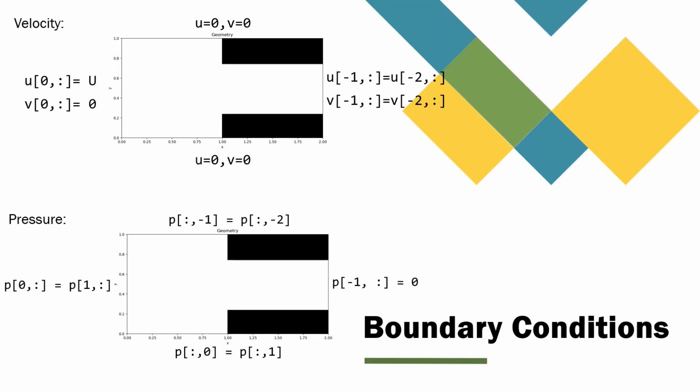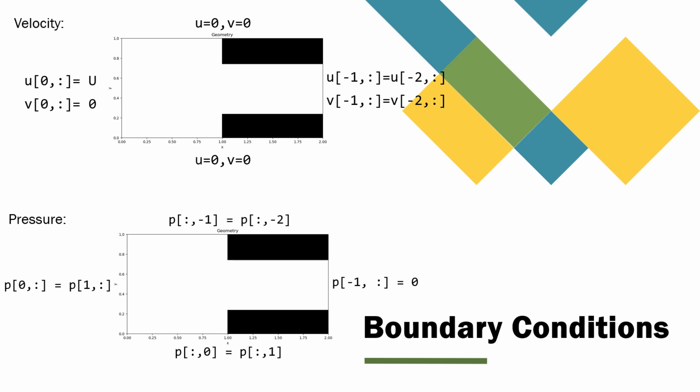Okay, so for my boundary conditions, they were a little more complex than the lid-driven cavity flow, but still pretty manageable. So coming in on the x side, I have the velocity of x set equal to u, which is 1 in the x direction, and then the y direction velocity of 0. And then in the geometry areas where there's actual piping, this would be like metal, I set the u and v velocities to 0.